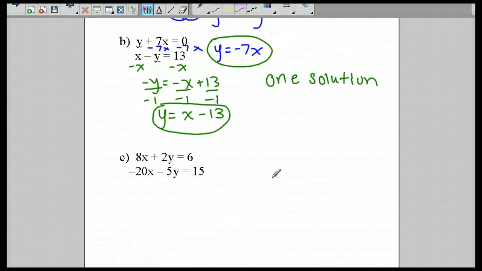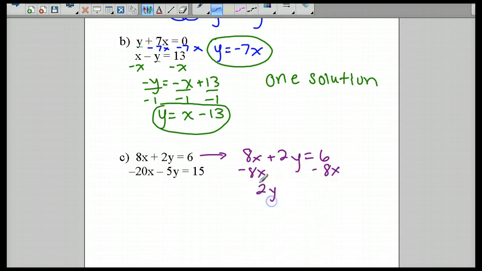Now C. Does C have one, none, or infinitely many? Let's try it. Again, we're trying to get y all by itself. So I'm going to rewrite this first one over here: 8x plus 2y equals 6. First thing I want to do is subtract 8x from both sides.